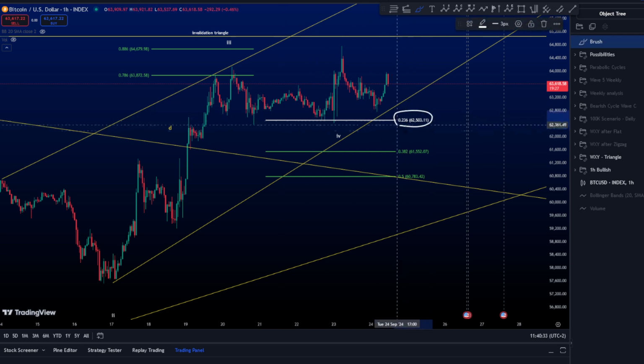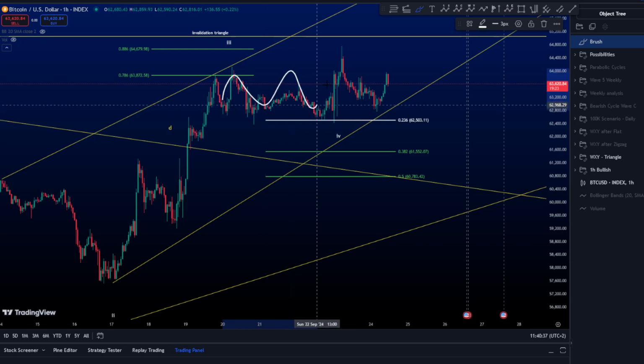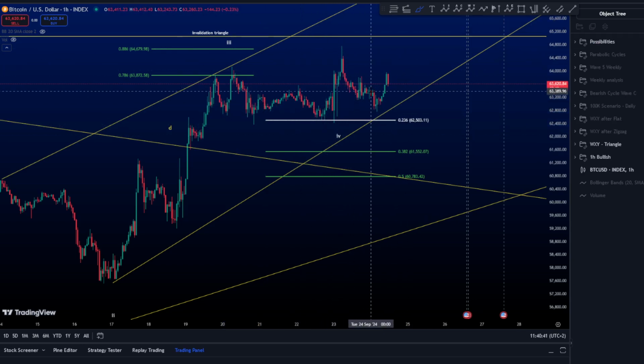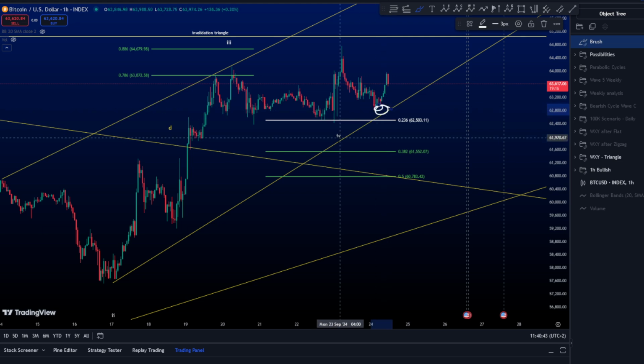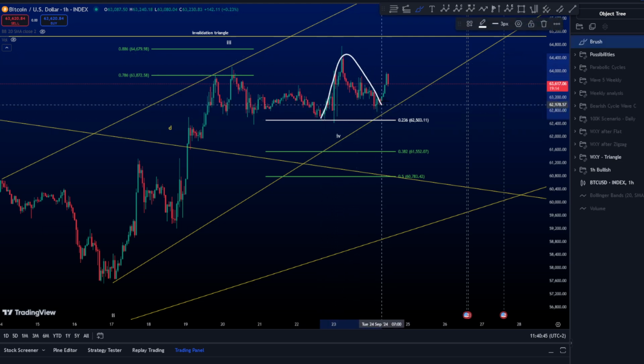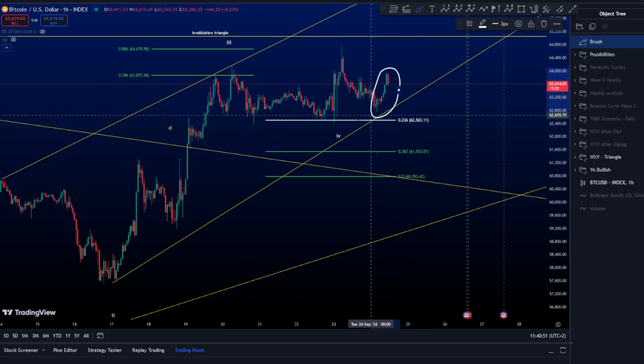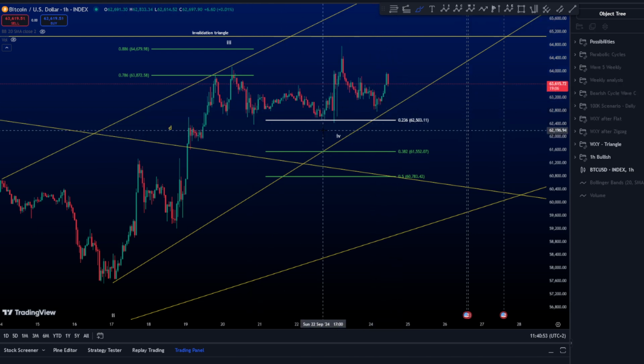Because we only hit the 0.23 fib level the whole time, ranging over it, barely hitting it, and then moving very massively towards the upside. The same as here, so possibly it could even be a formation of a 1-2 here, and continuation towards the upside. However, we need to watch what's going on inside it.